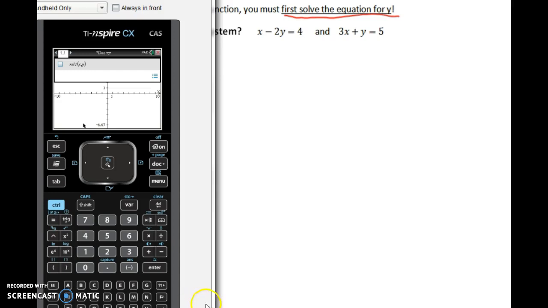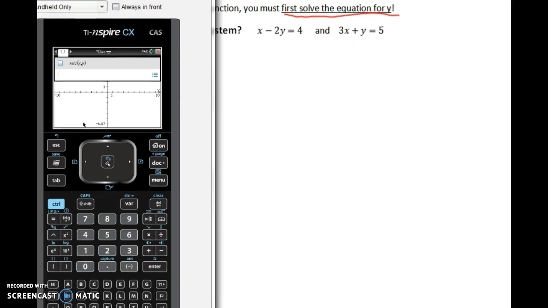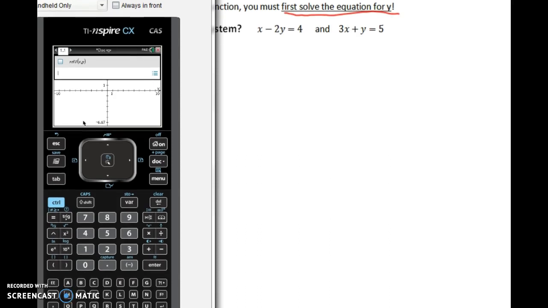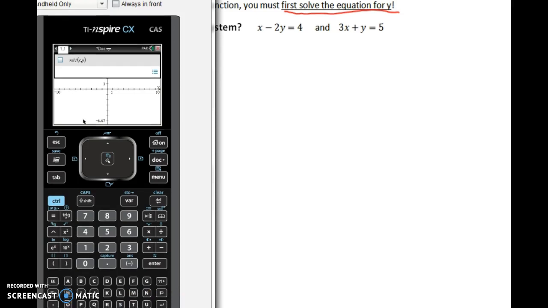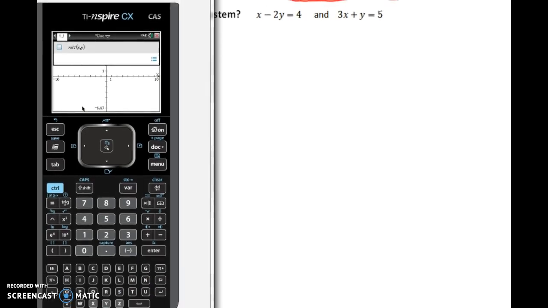So when you have a relation, you can actually enter it as it looks there. So this would be x minus 2y equals 4.